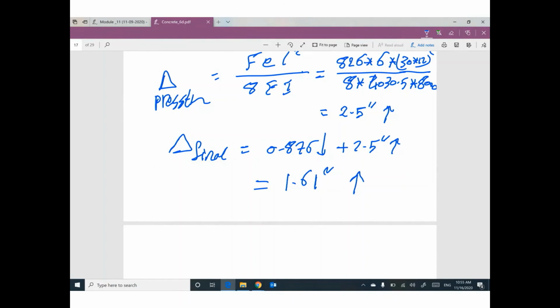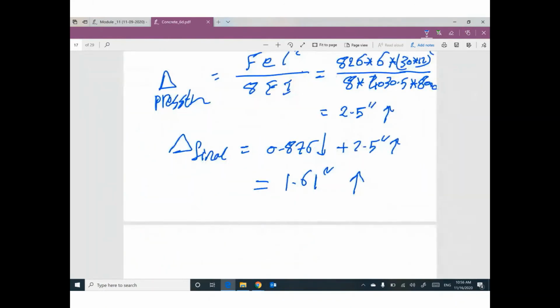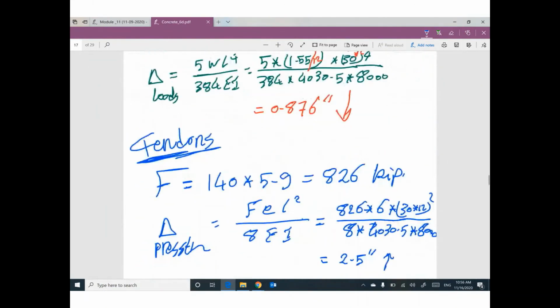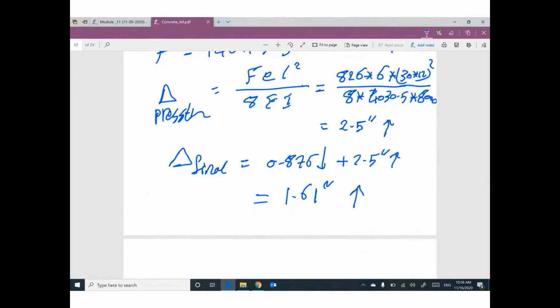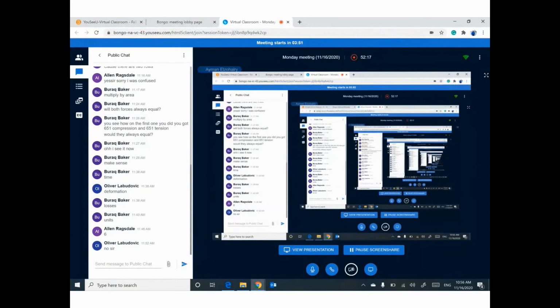My point is to figure out the final deflection for this beam under the effect of the dead load and live load. That makes sense? Any question? Looks good. It's nothing, you are just following some steps.